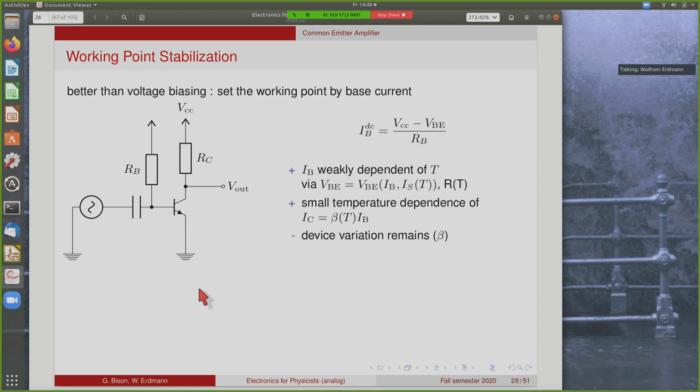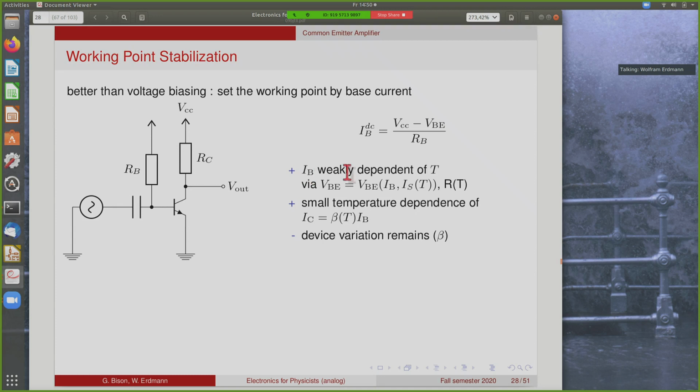A better way of setting the biasing for such an amplifier is shown here, by using not the base voltage, but a base current. And this base current, in the simplest case, can be set with a resistor from the base to the supply voltage. So now the base current is given by the difference of the base potential and the supply voltage divided by this base resistor.